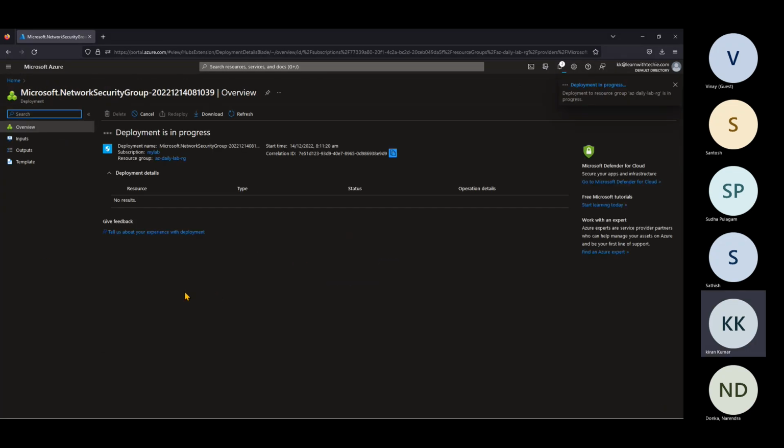So now the network security group is created. This network security group I'm going to associate to the subnet level, and instead of IP address, how to allow a specific IP address or specific machine through ASG, how to create a rule, we'll look into that.